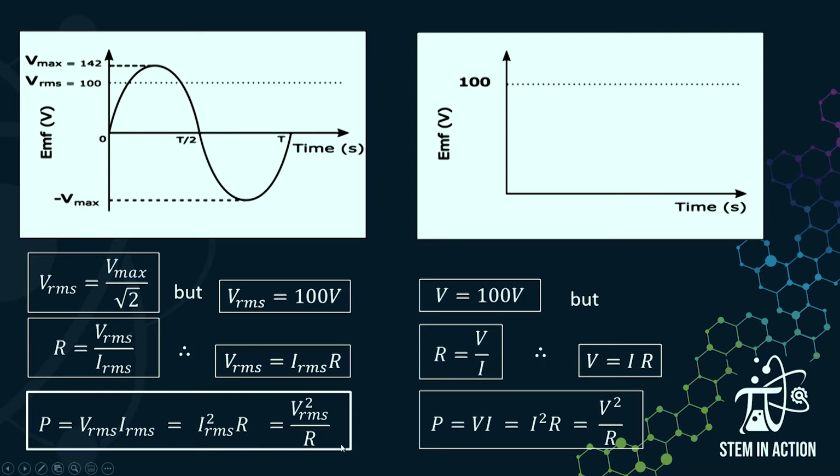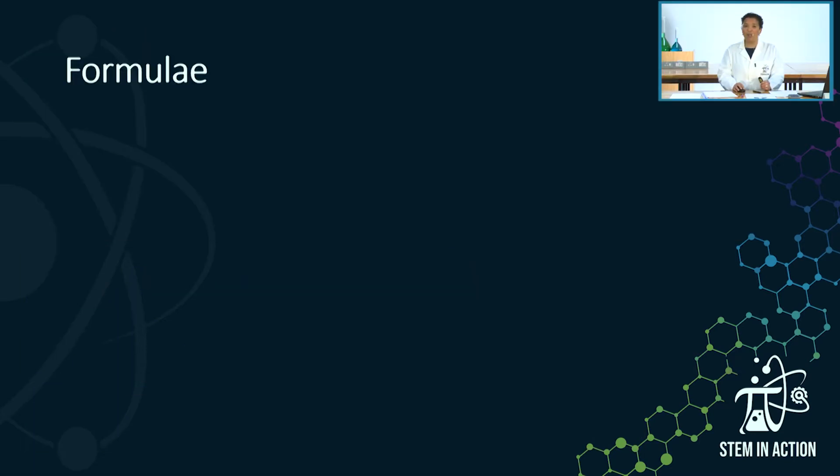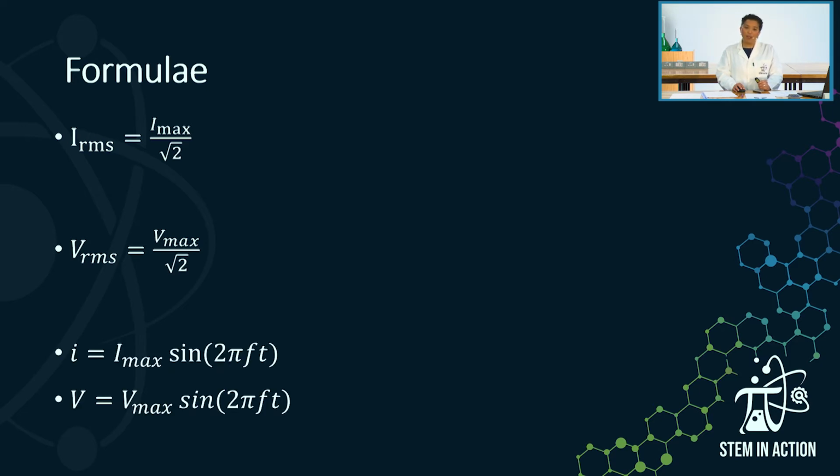So for alternating current or AC circuits, we should be able to calculate the power generated by that circuit. Again, do not panic because all these formulae are on your data sheet. So we've got IRMS, which is Imax over square root 2, VRMS, which equals Vmax divided by square root 2. The following two formulae for current and voltage are not on your data sheet, but here they are.